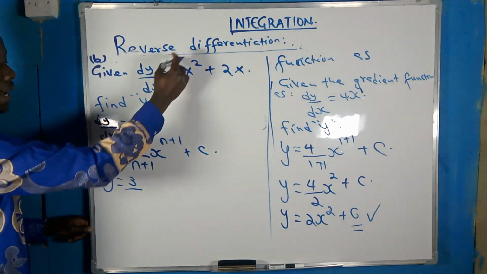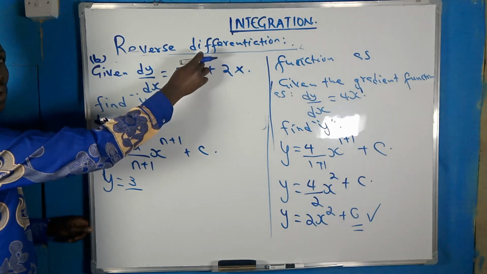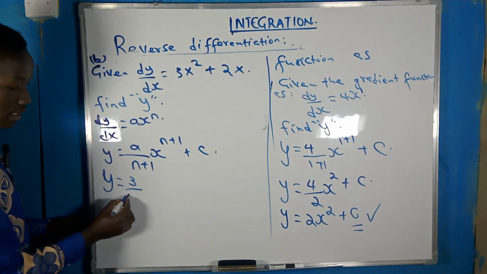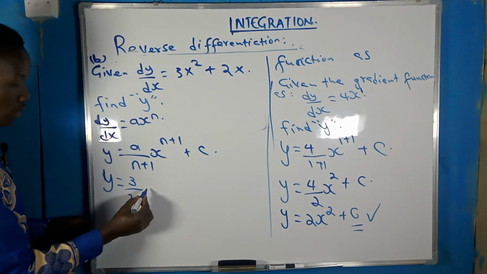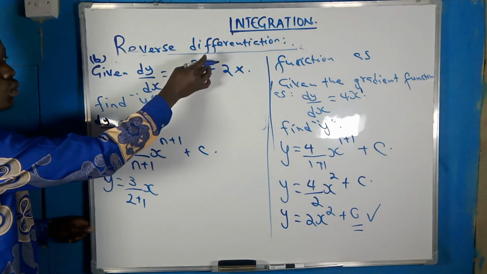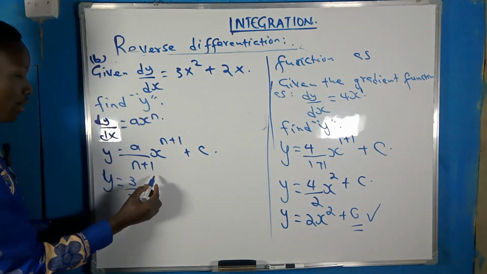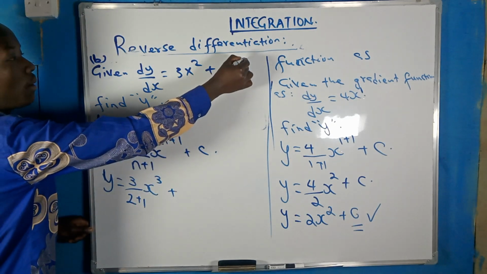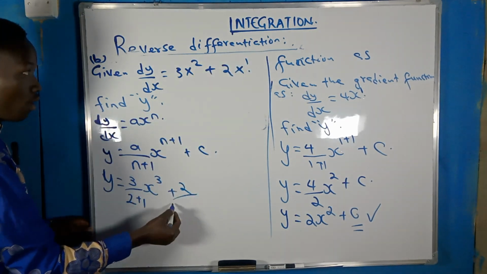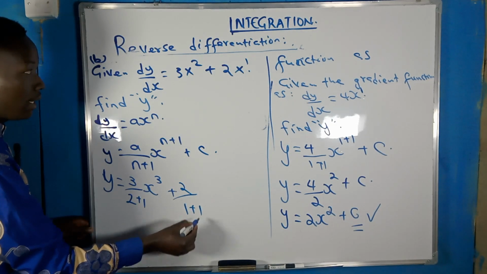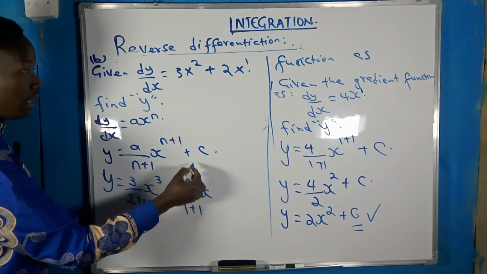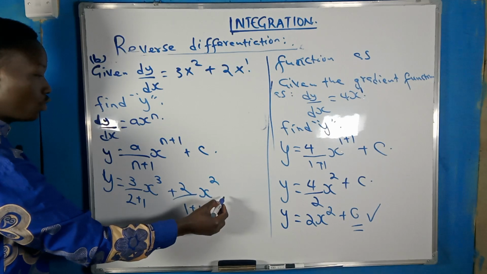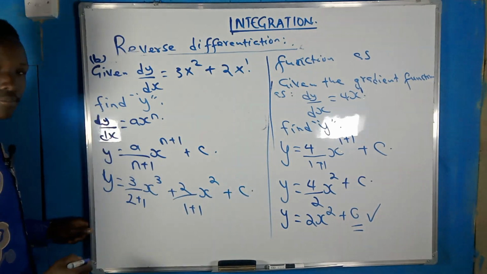So for us to integrate this one, we will have y is equal to, our a is 3 over our n plus 1 is 2 plus 1. Then we maintain our x. Then 2 plus 1 as our power will be equal to 3, plus this one, 2 over 1 plus 1 x to power 1 plus 1 is equal to 2, plus c.